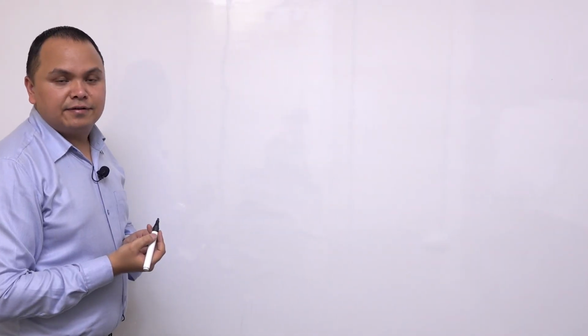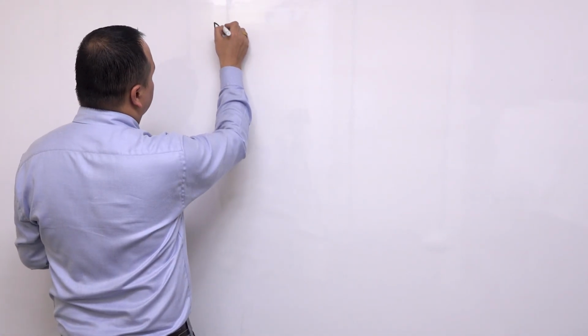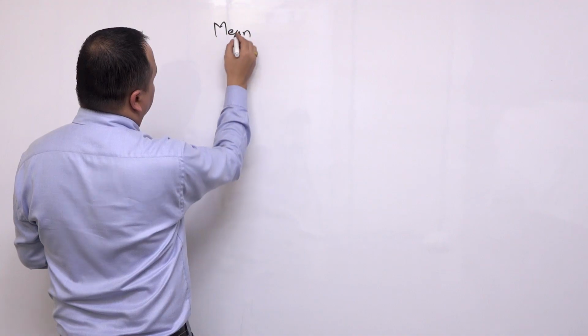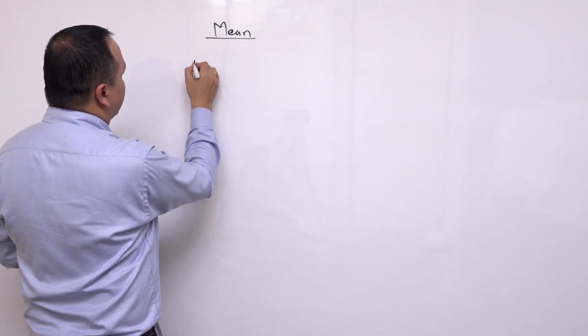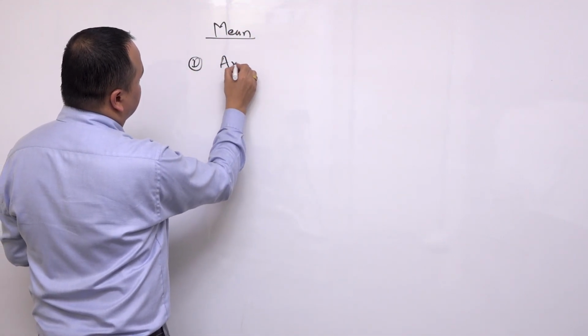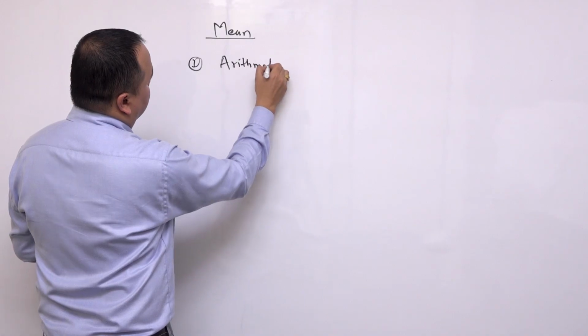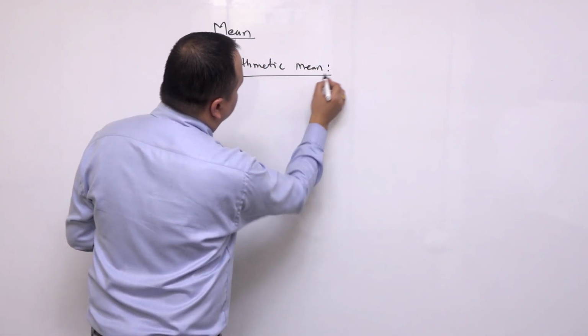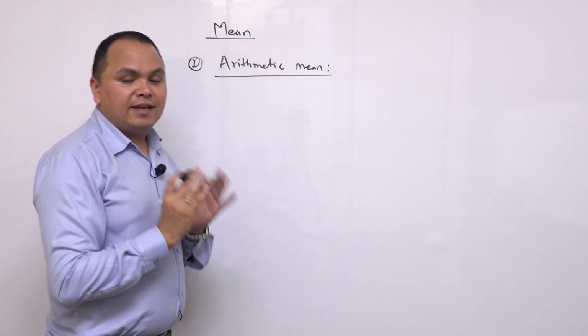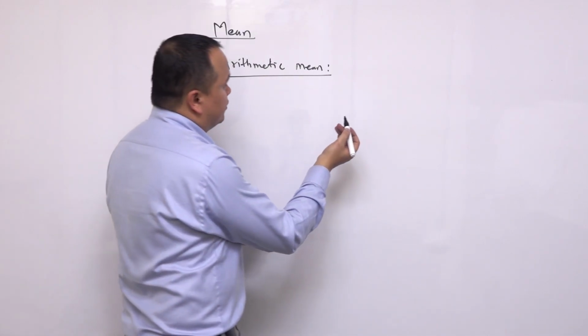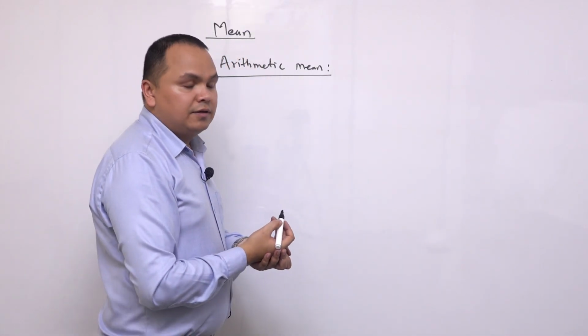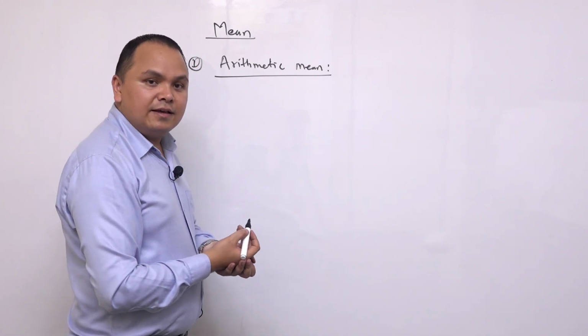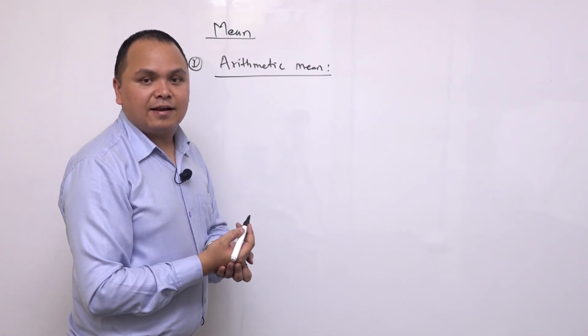Now mean. Mean 1, arithmetic mean. A number A is called the arithmetic mean between a and b if a, capital A and b are in AP.